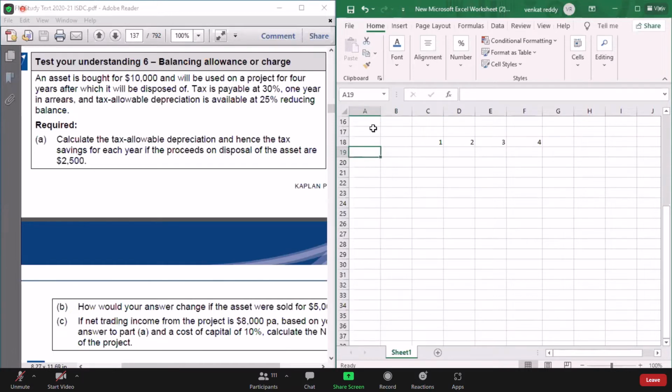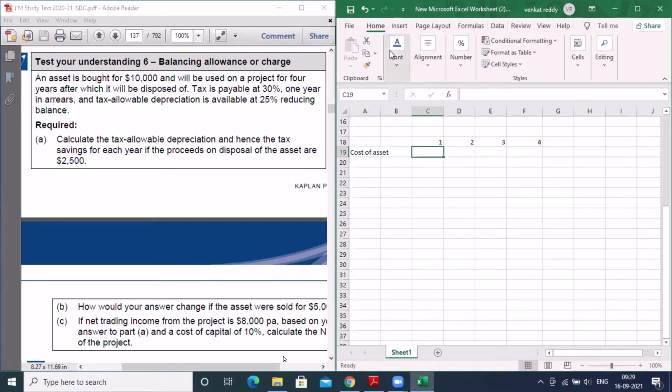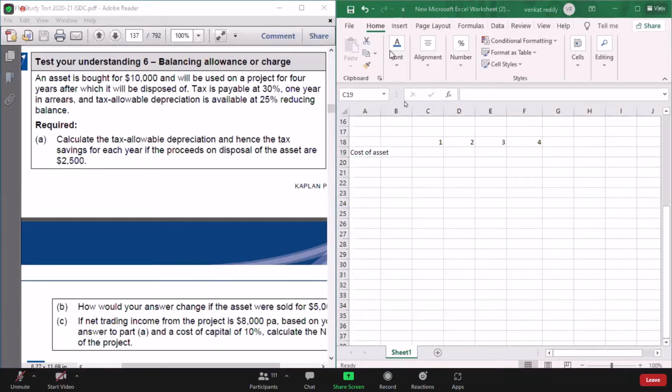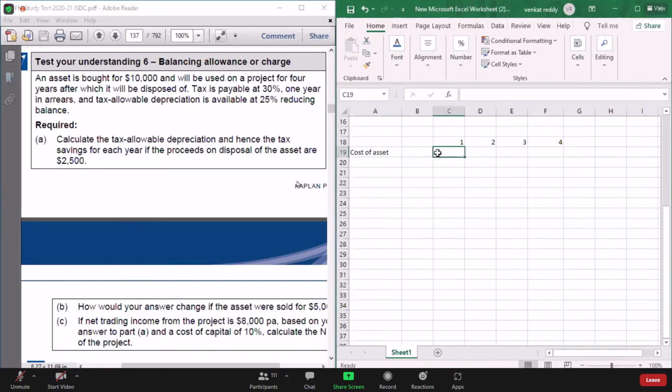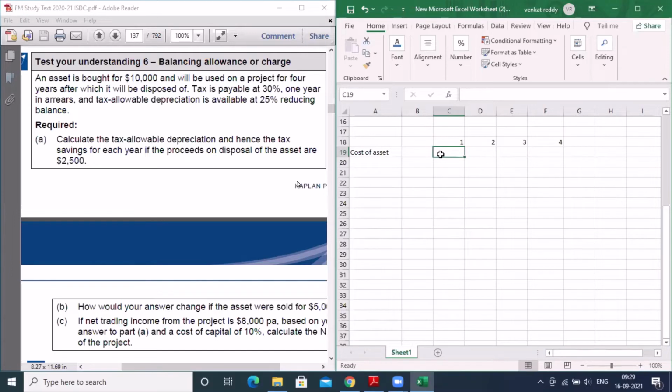So initially the cost of the asset is 10,000. So the depreciation amount at the rate of 25%.